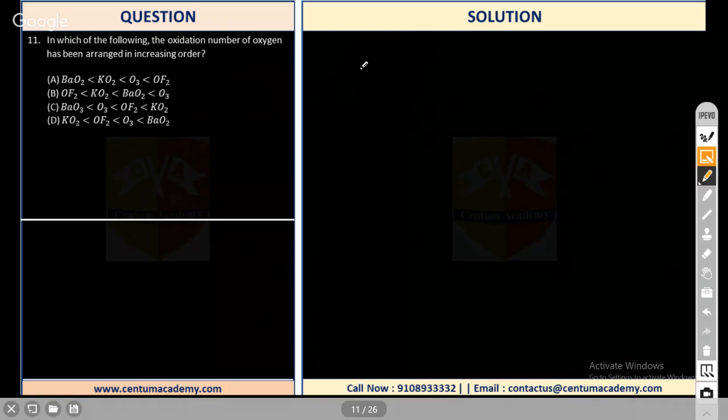In BaO2, it is a peroxide, so the oxidation state of oxygen is -1. KO2 is a superoxide, and the oxidation state is -1/2 for oxygen.